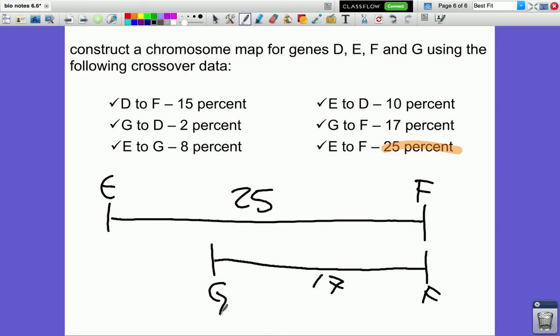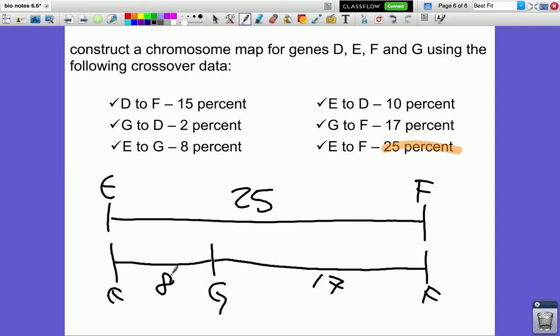And then also, if you look at the information from E to G, there's a separation of 8%. So this distance from E to G is 8 map units. 8 plus 17 gives you that original 25. So you know that you're doing the work right because everything's working out the way it's supposed to work out.